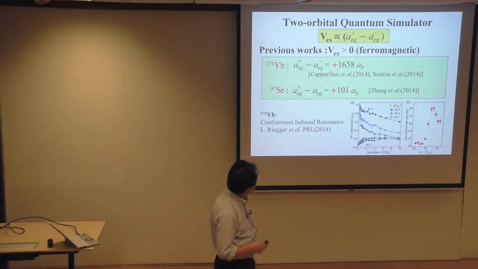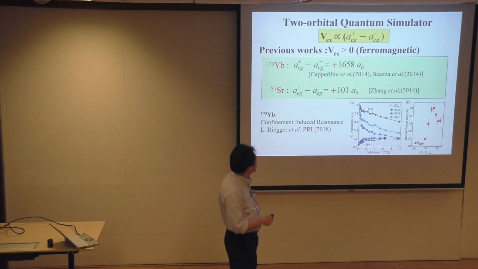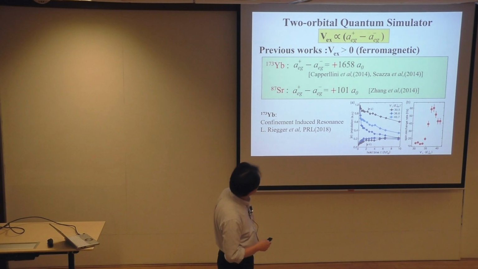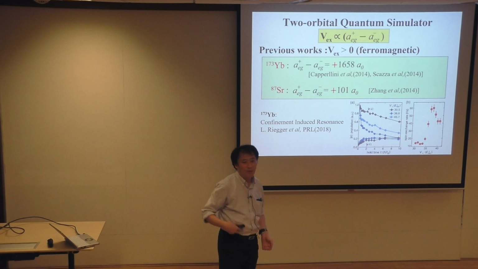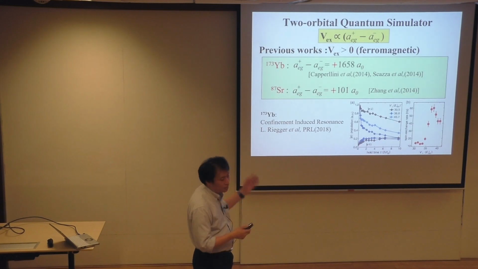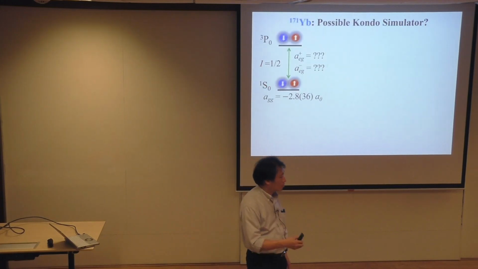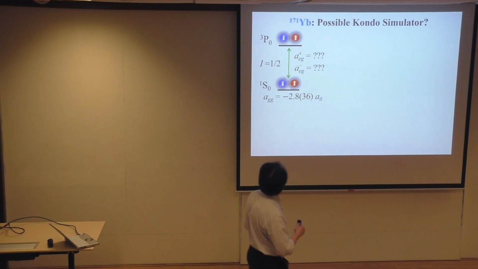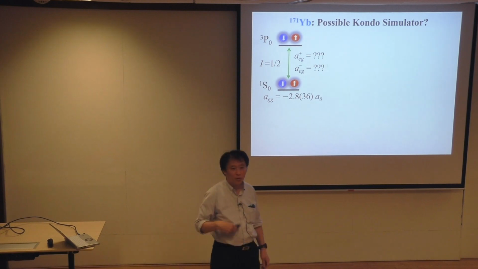Recently, a novel scheme of confinement-induced resonance was demonstrated to change the behavior of the spin exchange interaction. But there is still an atom loss associated with this confinement-induced resonance, so it's still not straightforward. In our approach, we explore a different possibility, ytterbium-171, as a possible Kondo simulator.